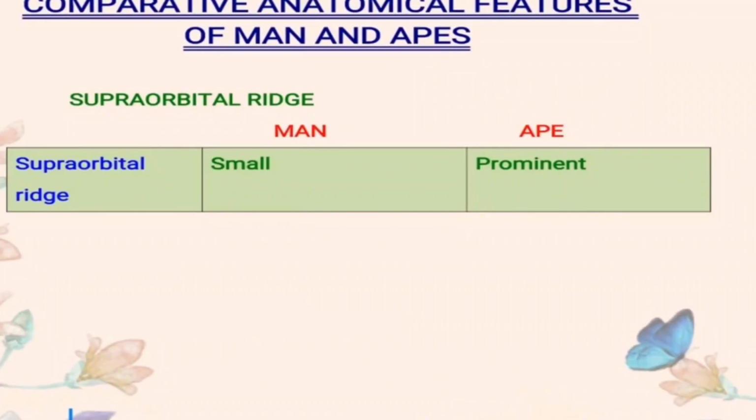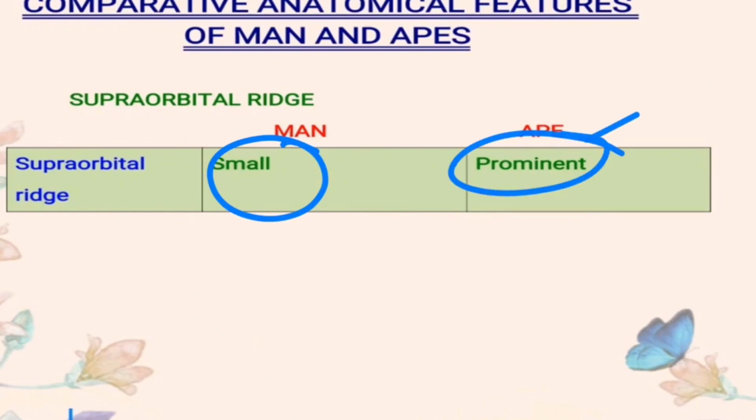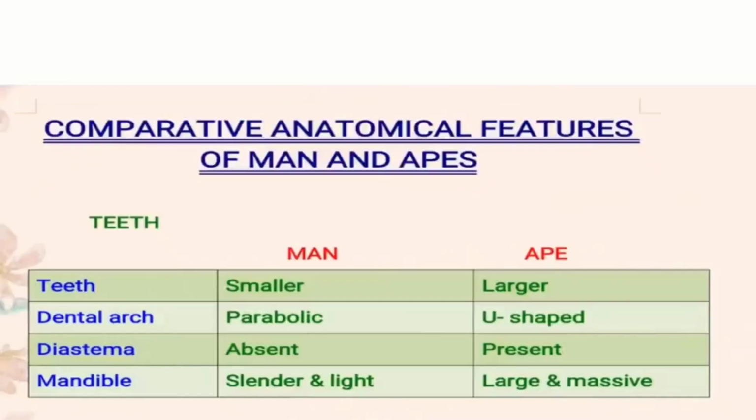Coming to the supraorbital ridge, that is simply a bony ridge which is located above the eye sockets, and it's present in all the primates. But in man it is quite small, and in the ape it is prominent. That means the brow ridge is quite prominent, as we can have a look in the diagram above.